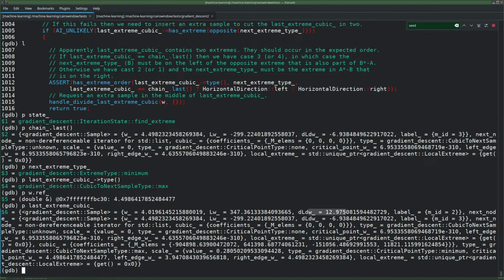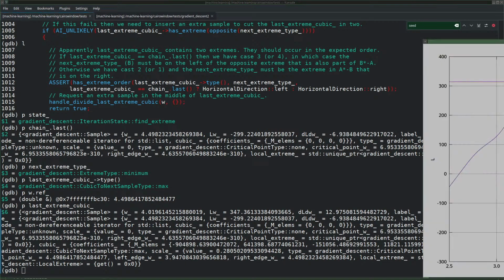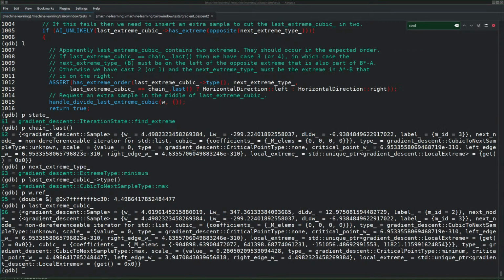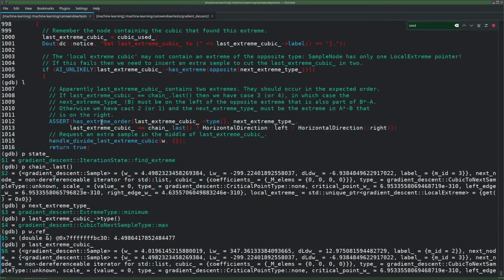So because the derivative of point 2 is positive still, we are on the left of this point. So the maximum is included. So the type is correct. It is a maximum. In which case, has extreme order is going to return false, always. That's why the assert fails.